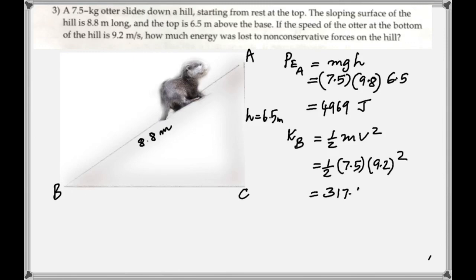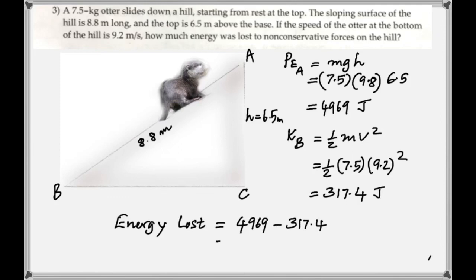Velocity is 9.2, get that. And you see that that quantity is considerably smaller than this. So take the difference and you get the energy lost, which is 4,652 joules.